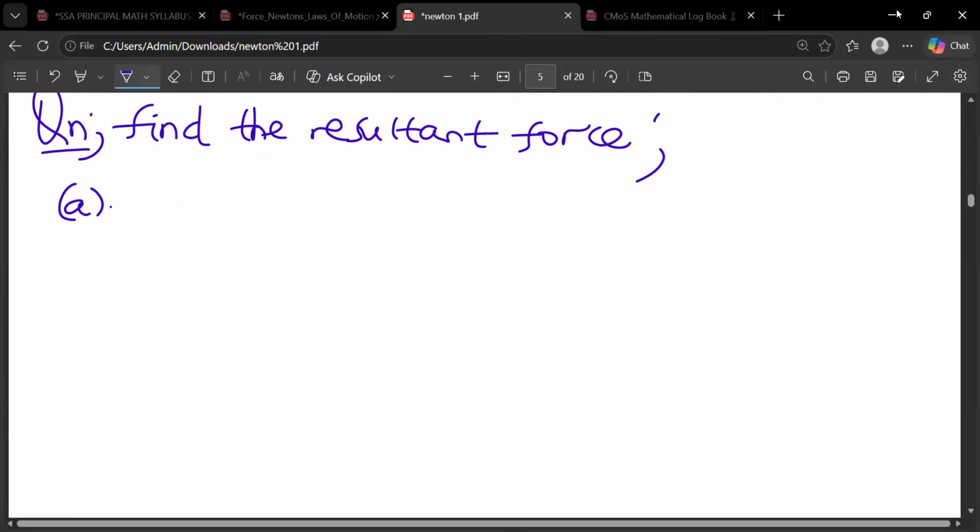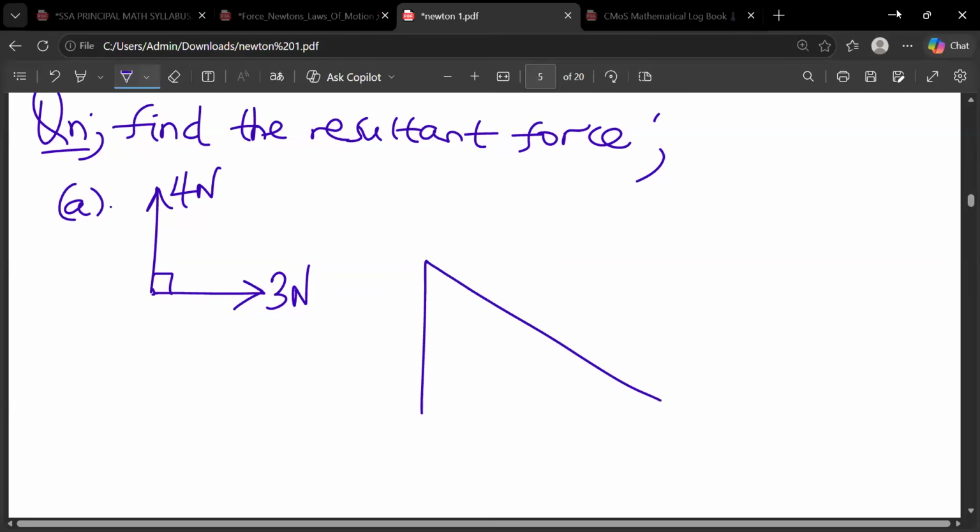So the first one is looking like this. This is 4 newtons and this is 3 newtons. So never forget this, so important. Now, when they ask you to get the resultant force, there is something you're supposed to respect. You're supposed to rewrite. So I expected you all to first rewrite it or reconstruct it and be a very good physics student or math student.